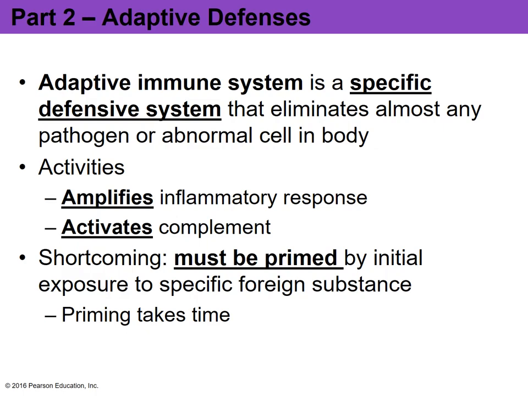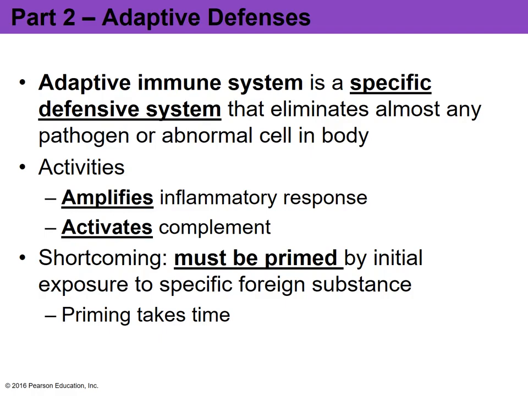Now, the third line of defense, which is known as the adaptive defense or adaptive immune system, is very specific. It does make a difference what the organism is. It can recognize the difference between E. coli bacteria versus salmonella bacteria, etc. Part of its activities is that it's going to amplify the inflammatory response. It's going to activate that complement that we just talked about.